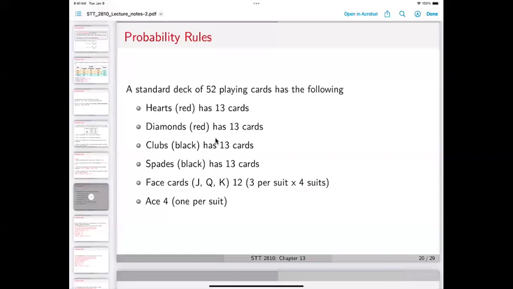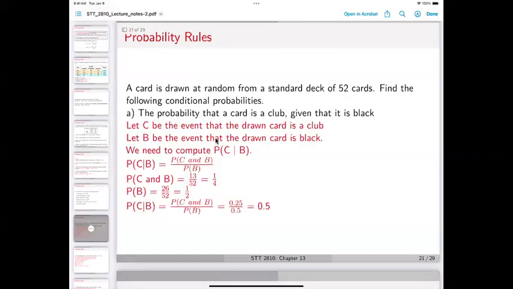Now let's try to solve one of your homework problems. It says that a card is drawn at random from a standard deck of 52 cards. Now we want to find the following conditional probability: the probability that a card is a club given that it is black.